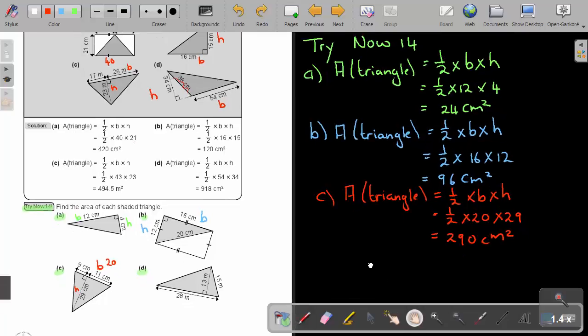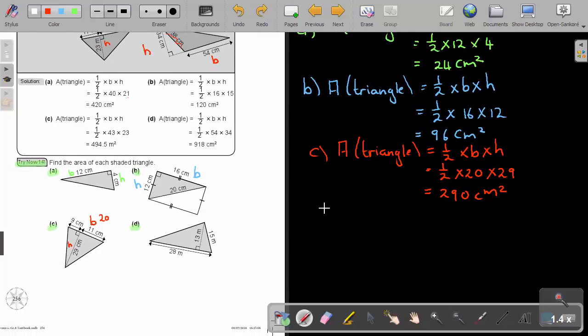And now I'm going to just do the final one. That will be D. Okay, so again, this will be my base, and then this one will be my height. So again, the area of the triangle is again half base times height.